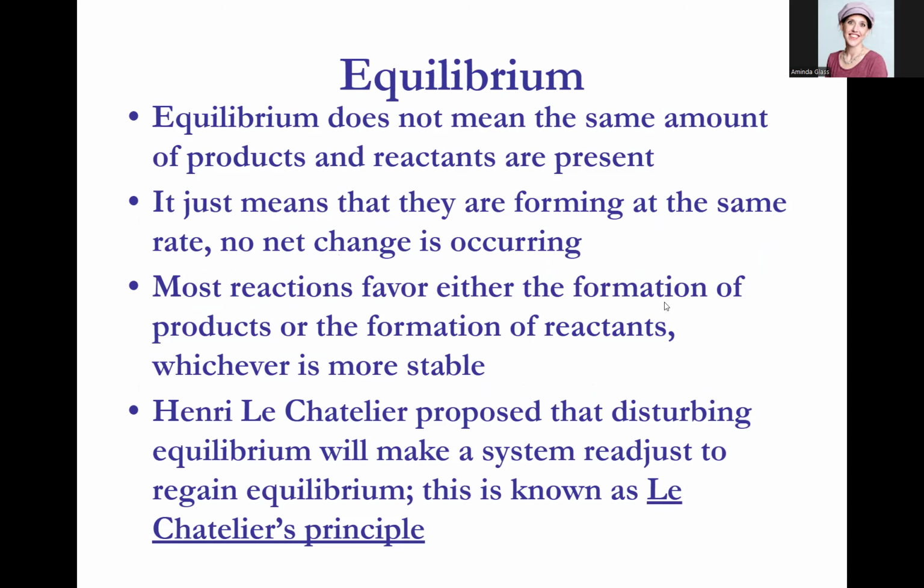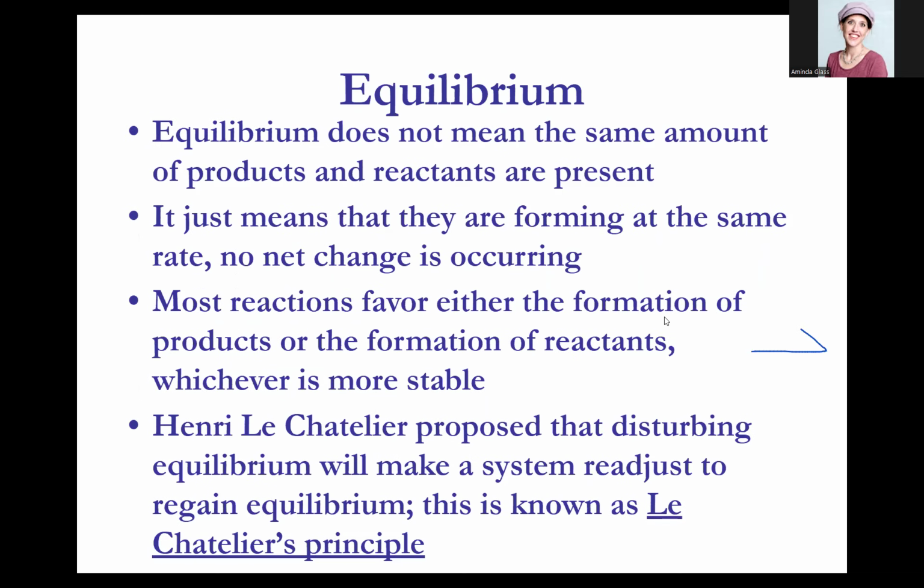And some reactions show it as something like this. Like if this arrow to the right is bigger, it means the forward reaction is favored. The formation of products is more favored than the formation of reactants in the reverse.